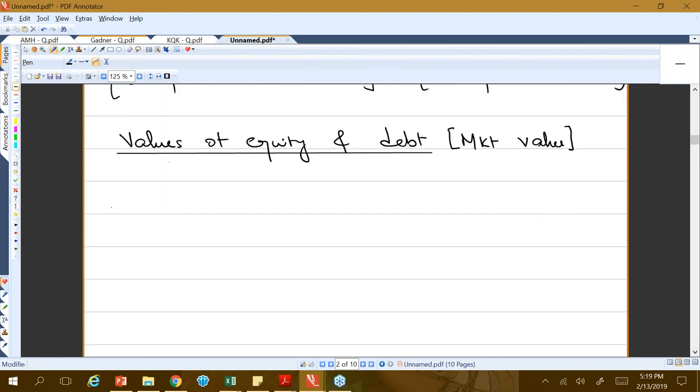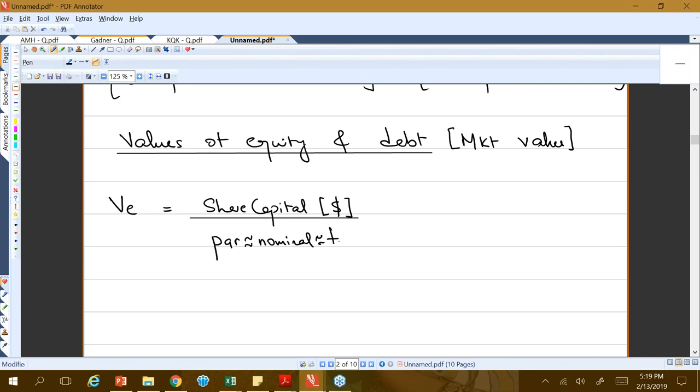Now, the first thing is the value of equity, which is for ordinary share capital. When we think of value of equity, what we need to do is take our share capital in dollar terms, which is in the equity portion of the SOFP, and divide that share capital by the par value of the shares, or the nominal value, or the face value.